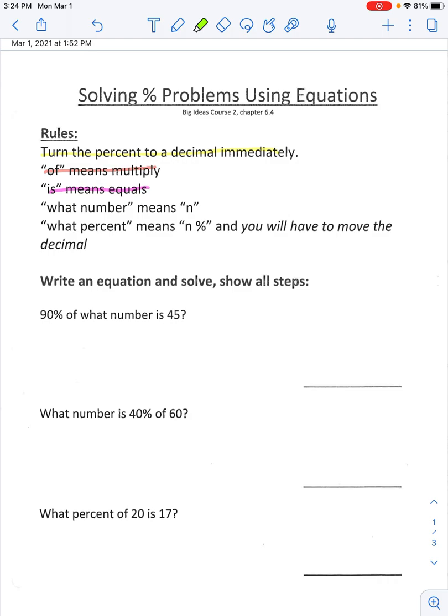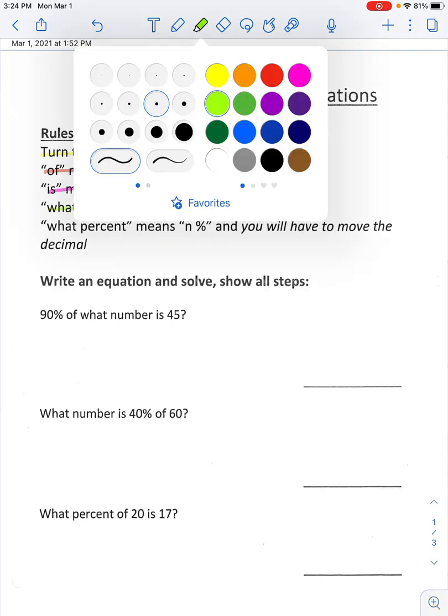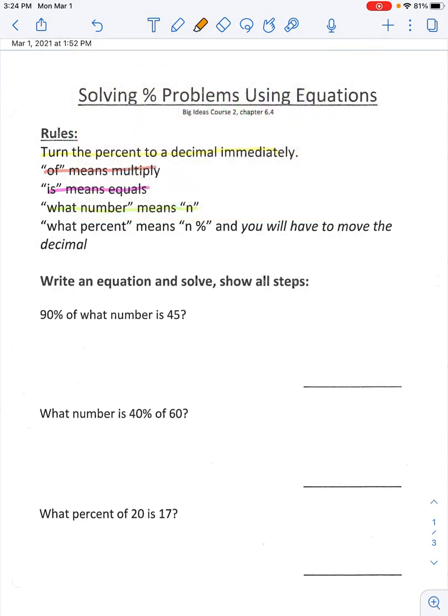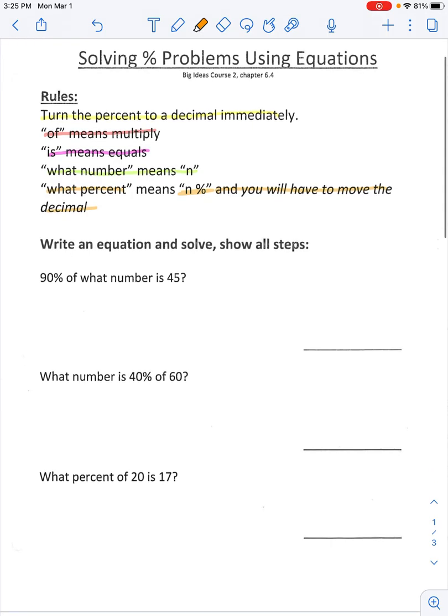If you see something that says what number, we're going to throw a variable, okay? And then the other thing, if it says what percent, you need to write in percent. You will have to move the decimal in this problem, okay?